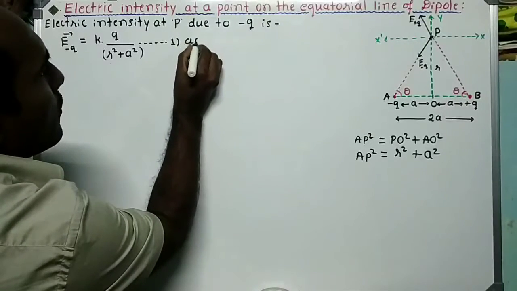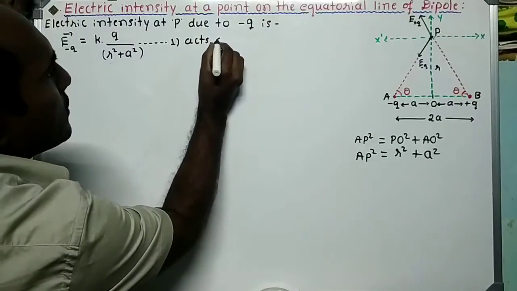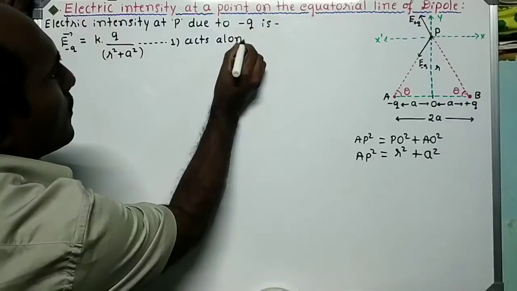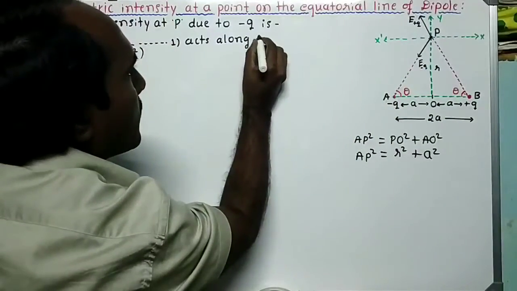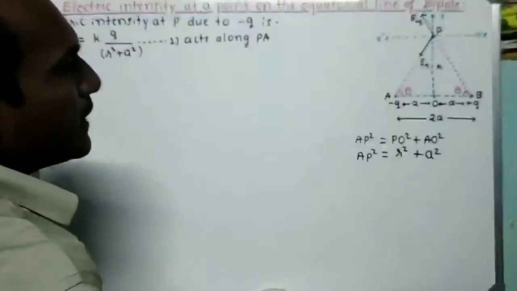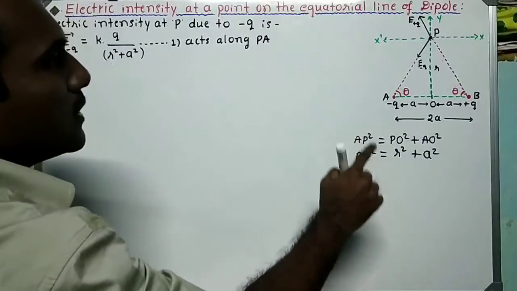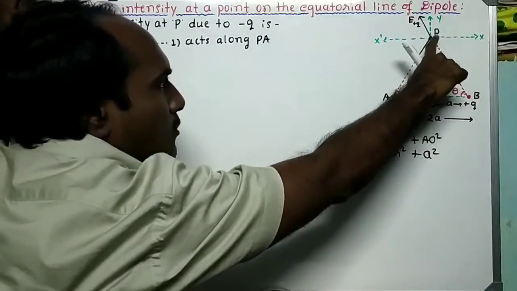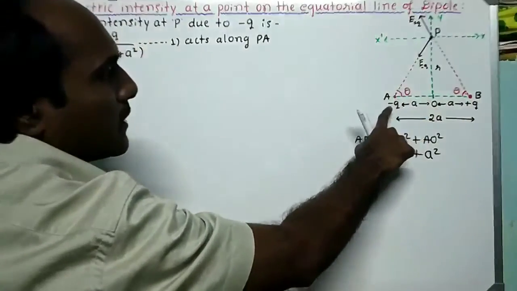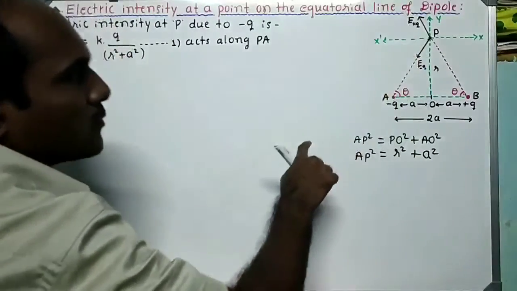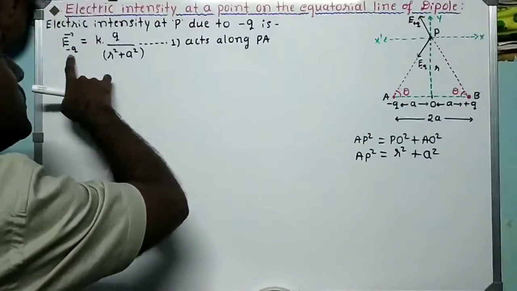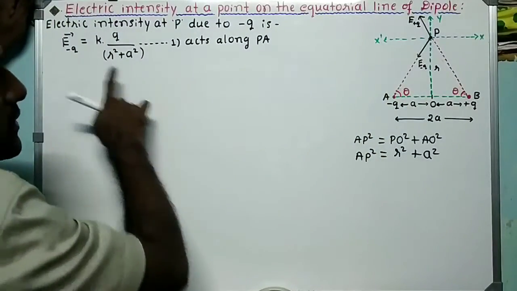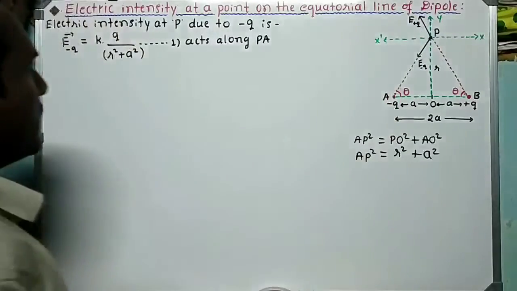It acts along PA. Why is it PA? Because if you keep one coulomb of charge at point P, then this minus Q attracts the 1 coulomb of charge along PA. That's why intensity at point P due to negative charge is taken along PA.